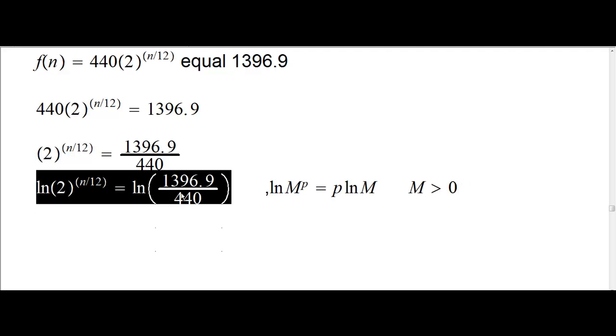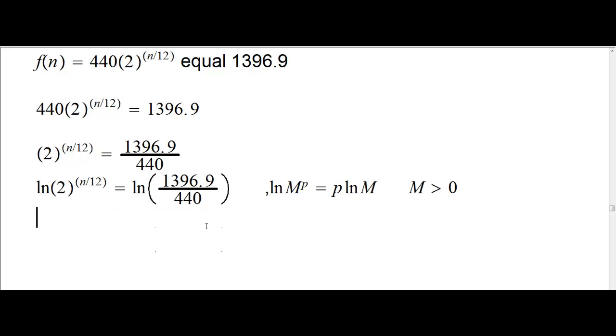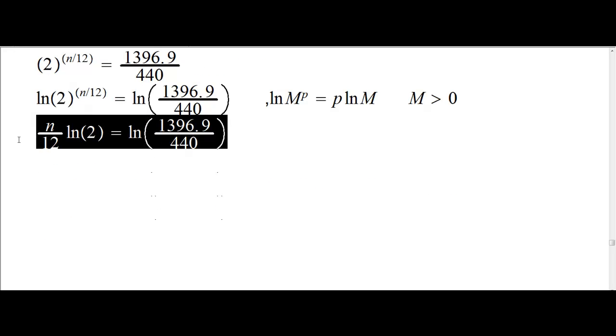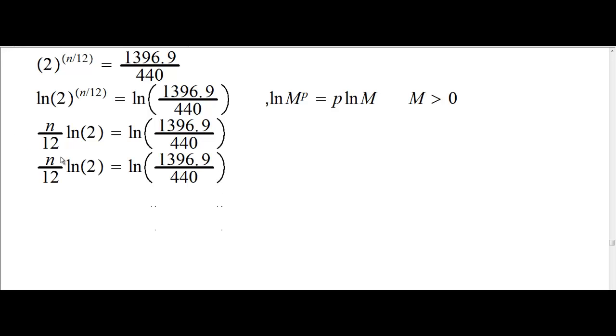Since that can be done, we can have n over 12 step down, and we simply get this, right? And now we have to solve for n. So first we have to divide by this quantity. Let me rewrite it so that we can get it aligned better.